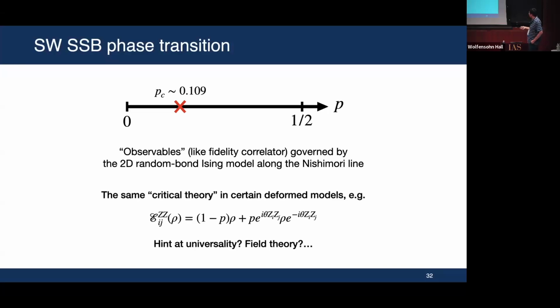It turns out that the same kind of critical theory applies even to some other deformed models, which are not entirely Pauli. There's some funny sort of operator here. So it's hinting at some sort of universality, even though we don't really know the full theory under this. Maybe there's some field theory. All right, so this concludes the discussion of the strong to weak symmetry breaking, the phase diagram.